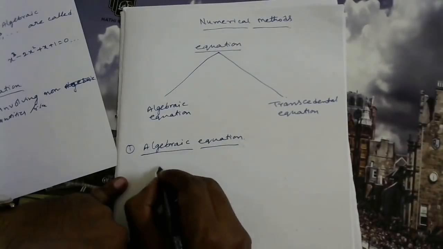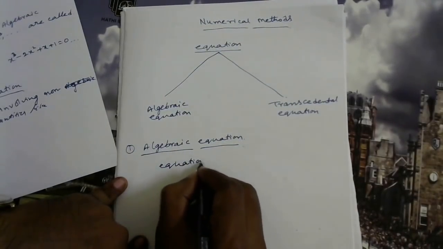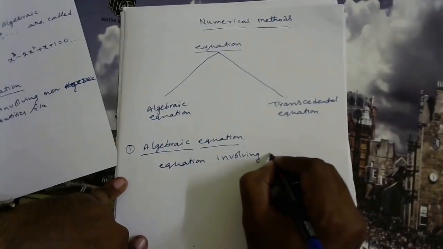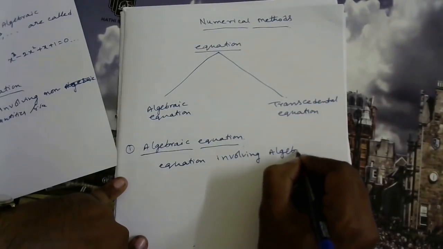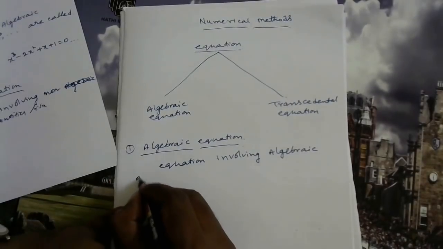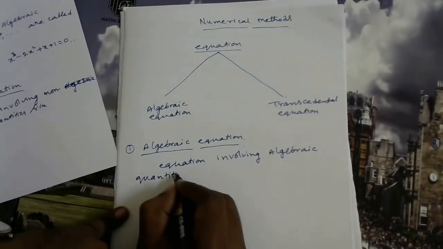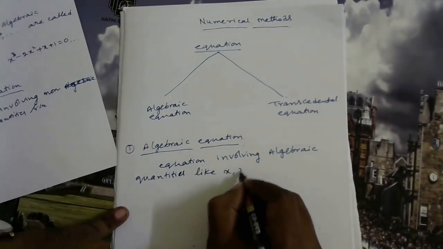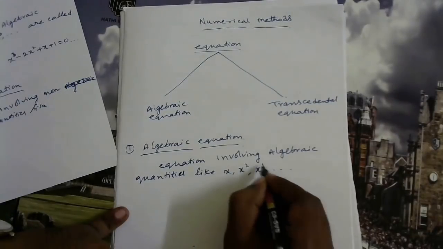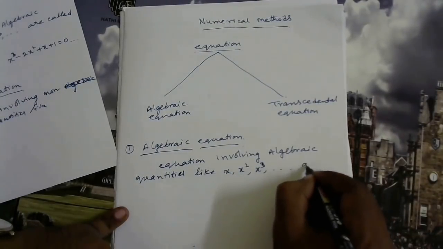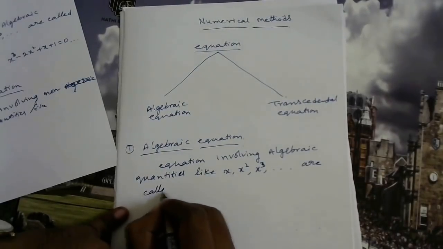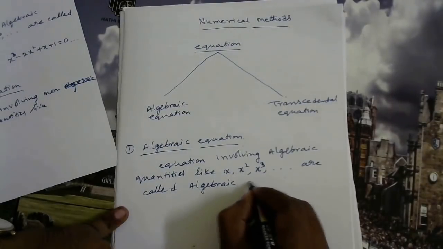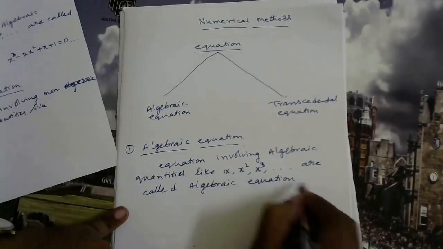So, an equation involving algebraic quantities like x, x square, x cube, and so on, is called an algebraic equation.